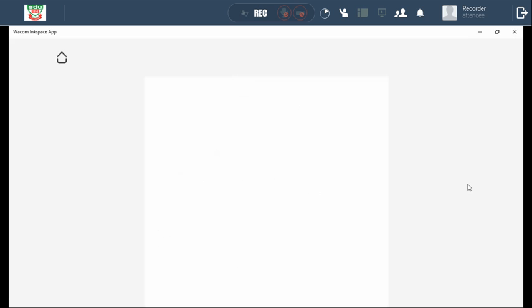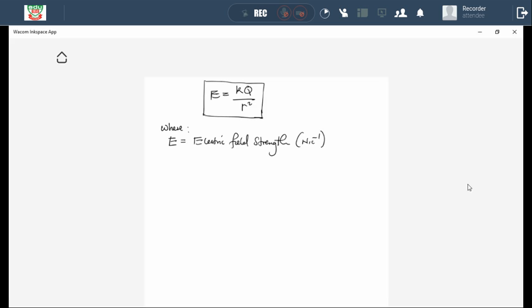Then we have another formula which we can use as well to calculate the electric field strength, which says E is equal to the Coulomb's constant multiplied by charge over r squared. So it all depends on what you are given in a particular question, and then you use that given data to determine the right formula to use, whereby E represents the electric field strength, which is still measured in newton per coulomb, right?